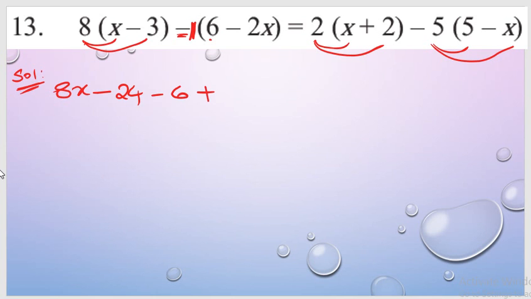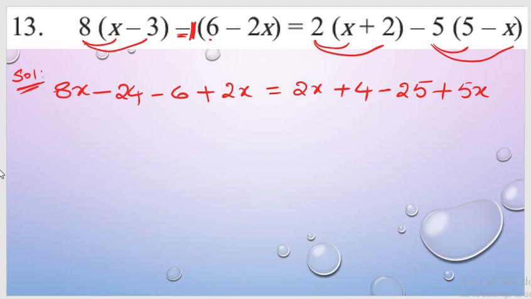minus into minus is nothing but plus, so which gives me 2x is equal to, if I multiply this, so 2x plus 2 2s are 4. Here again minus we have, so while multiplying be careful. So minus 5 into plus 5, which gives me minus 25, minus 5 into minus, which means plus 5x.